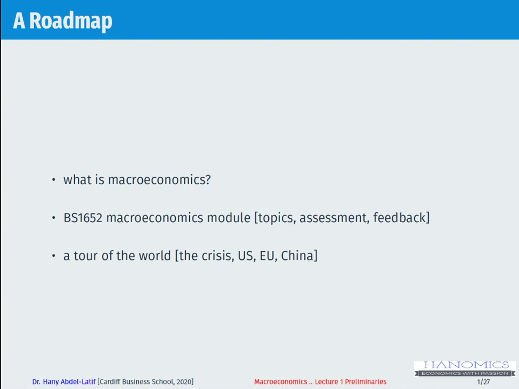In the first part of the lecture, we started with what is macroeconomics. Macro means large. Macroeconomics is the study of the behaviors of economic agents, and how these agents interact in the market.